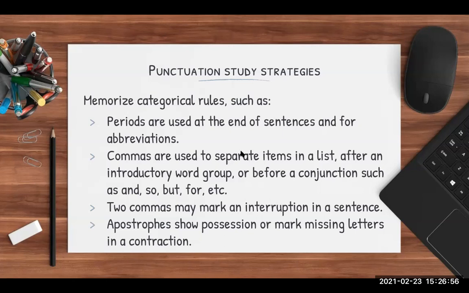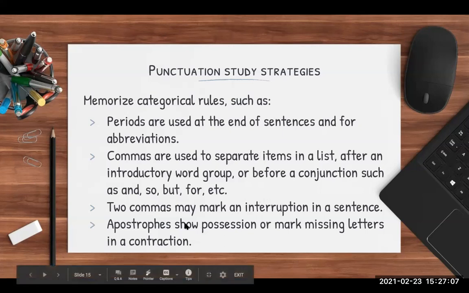So, like I was saying before, if you have two commas that offset something, it might be an interruption, but that doesn't really disrupt the meaning of the sentence. It just adds on to it. And lastly, apostrophes show possession or mark missing letters in a contraction.